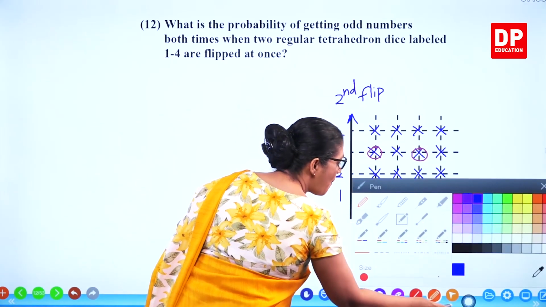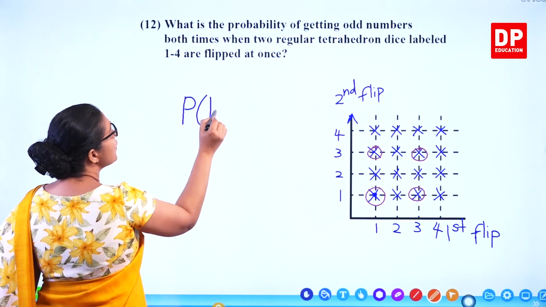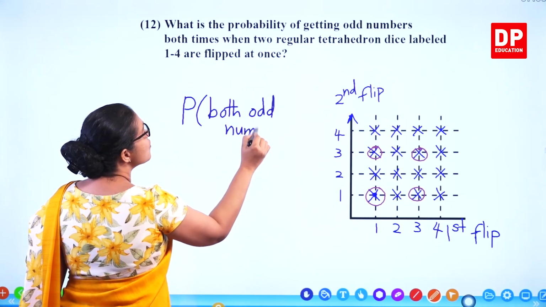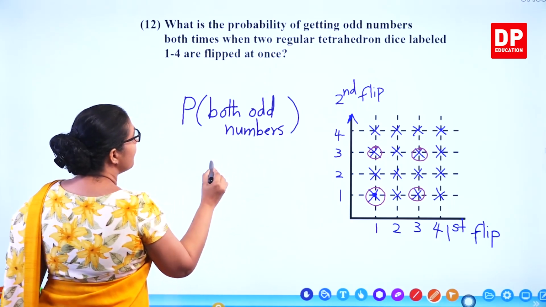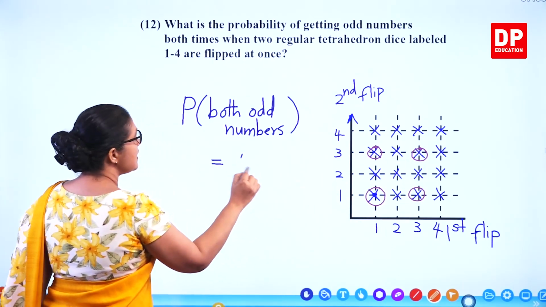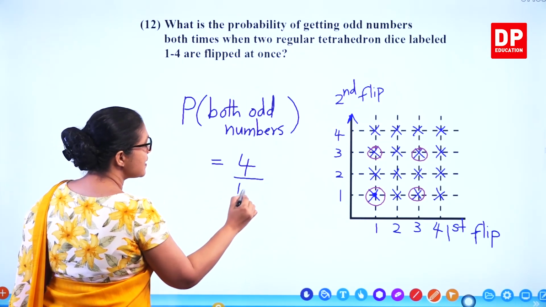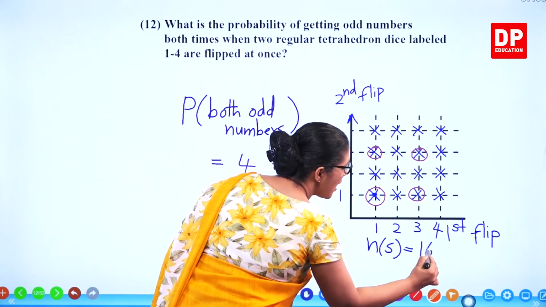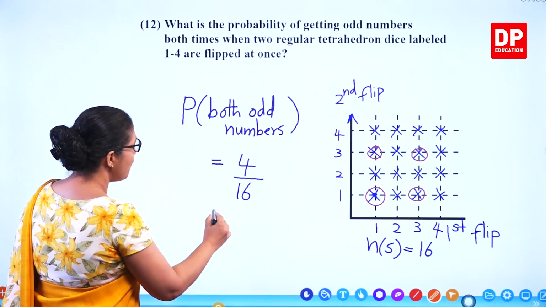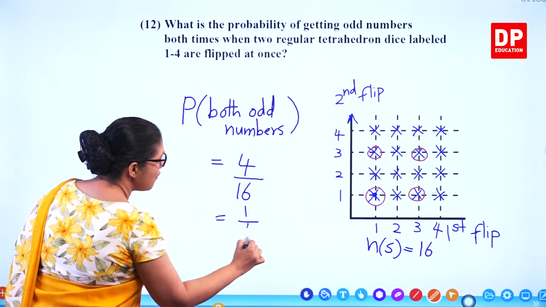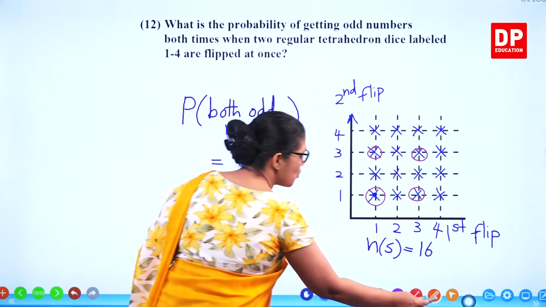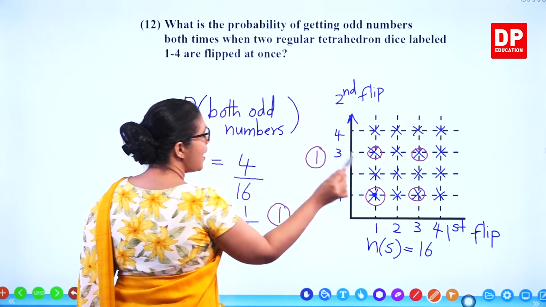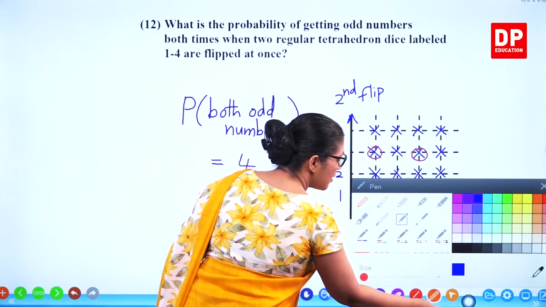So what's the probability of getting both odd numbers? 4 possibilities over 16 altogether, because the number of possibilities altogether is 4 times 4, 16. Simplify, you get 1/4. So you get 2 marks there: 1 mark here and 1 mark for identifying the correct values.